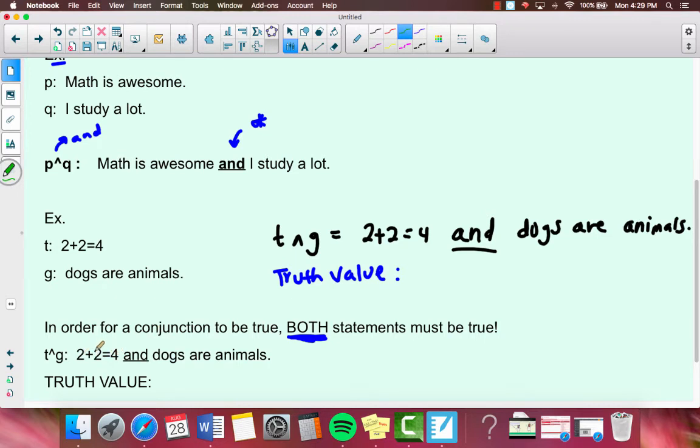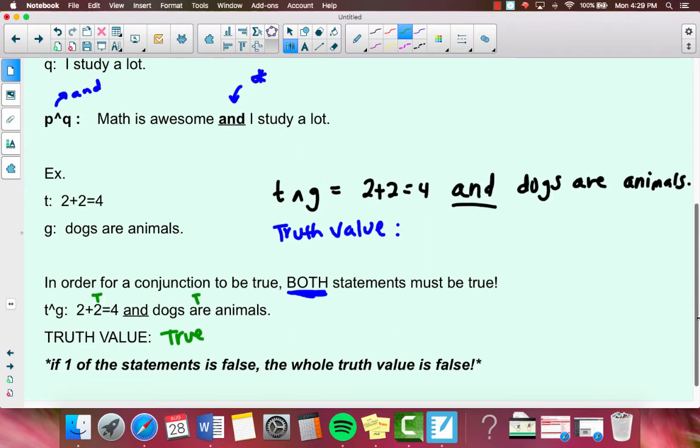Well, yes, so I'm going to put a little t next to it. And the second half, are dogs animals? Yes, so I'm going to put another t. Because both of these statements are true, my truth value is true. They both have to be true in order for the whole sentence to be considered a true statement.